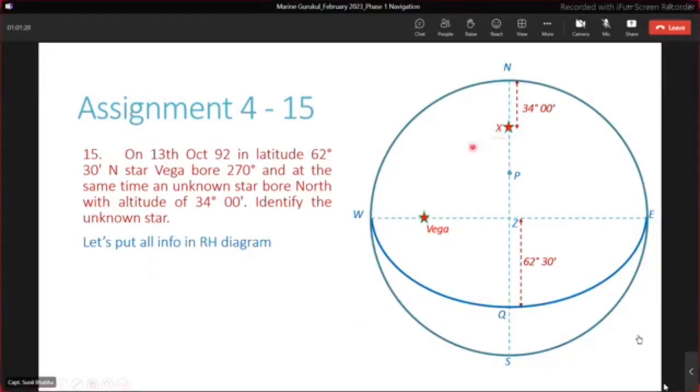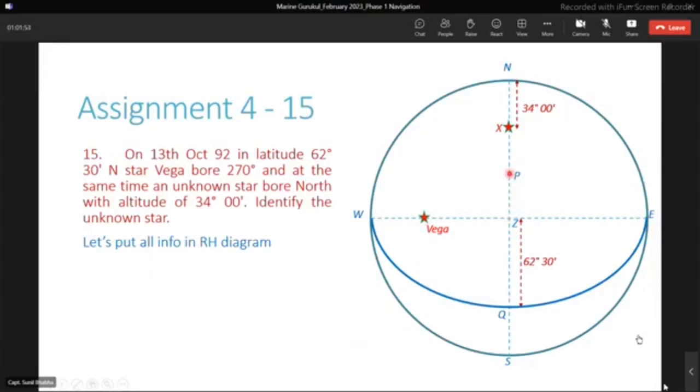So you can see now that all the information given to us in the question has been fed into the rational horizon diagram. Now what we do next is, I have star Vega in my diagram, and I have the pole and the zenith.